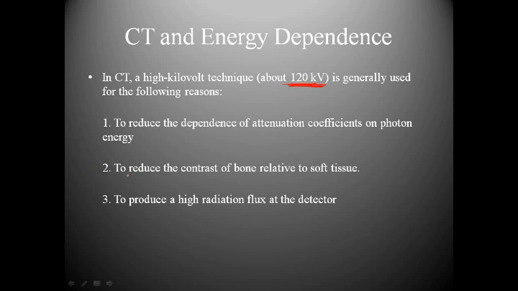When we say reduce the contrast, we mean that we pretty much widen the amount of grays that are demonstrated, so there's just not this steep drop off between black and white, or black or white and gray, but there's several different areas there. And also to produce a high radiation flux at the detector. So basically you want a lot of radiation to make it to the detectors so that you can actually have a discernible image. So all of this is very important.